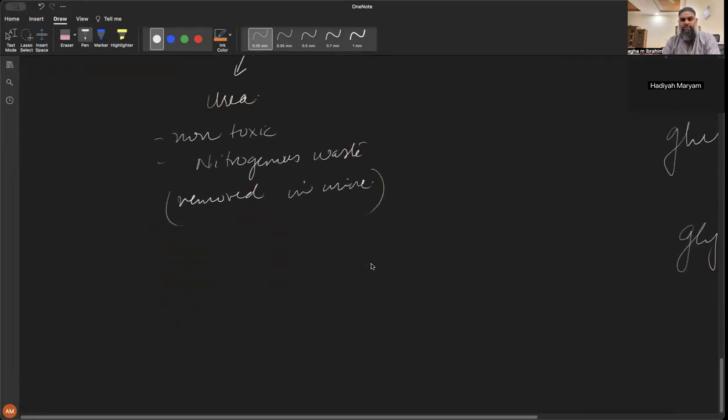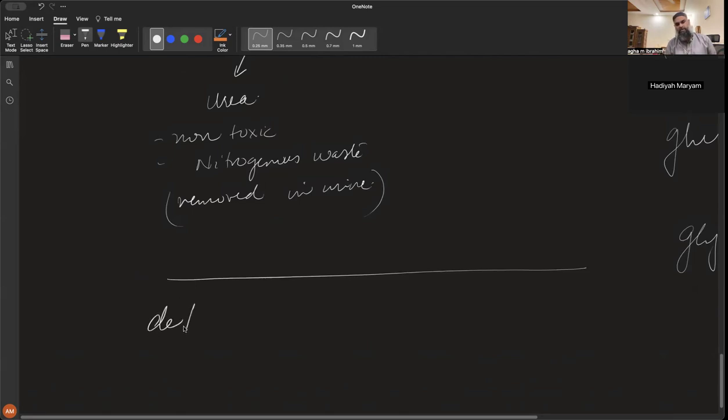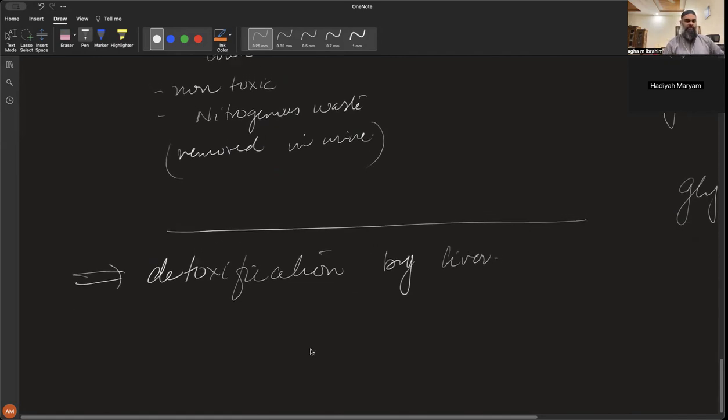The last one is detoxification. Detoxification by liver is one of the most, you know, very important functions of the liver. What is the detoxification process?